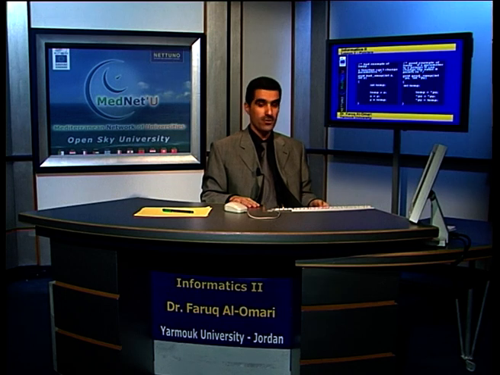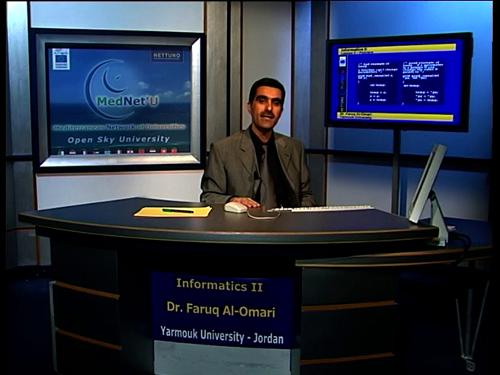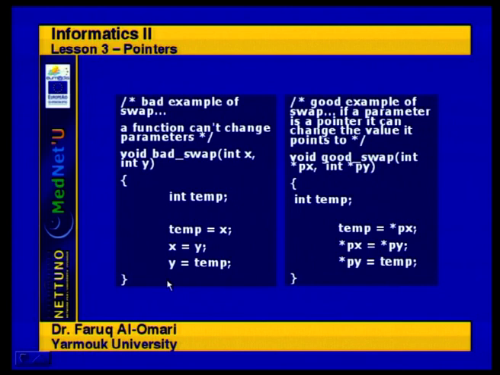Looks fine, looks good. However, if we look deeper into it, I think we're going to all find that it's a bad example and it's not going to do basically the task which apparently looks like doing. Why is that? Well, simply because we have passed the value of x and the value of y to this function.